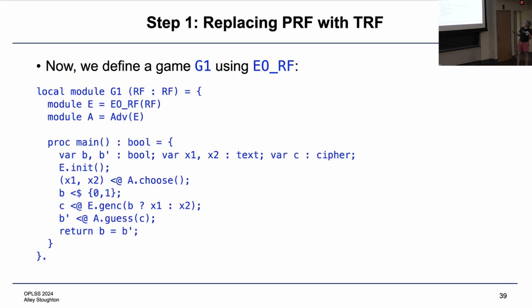Now we can make a game out of EORF that is just like the NCPA game, except now we're connecting EORF with some random function, the parameter to the game, and then giving that to the adversary. This is exactly as it was before.